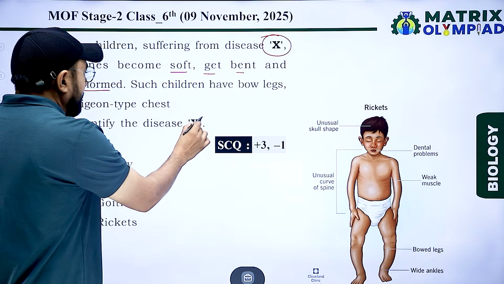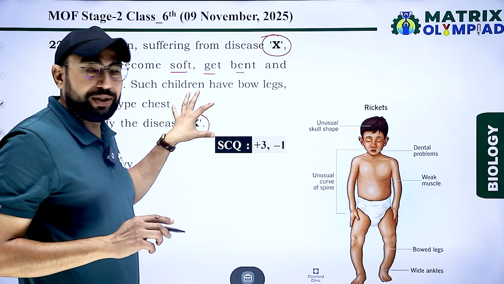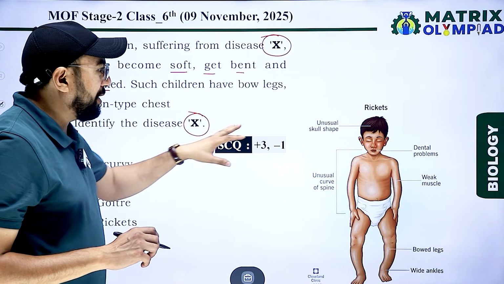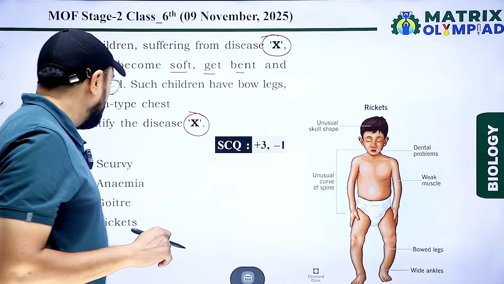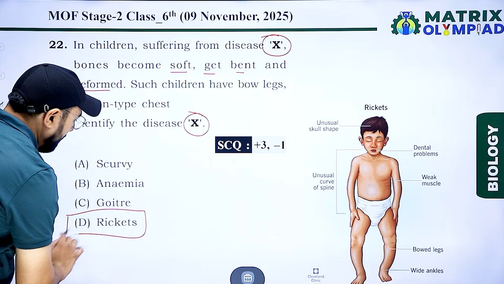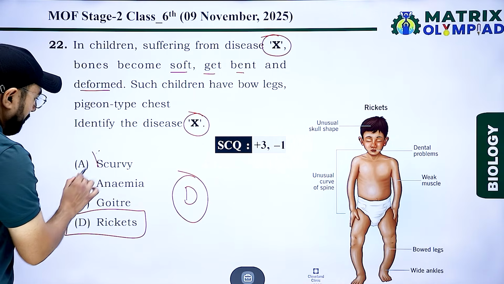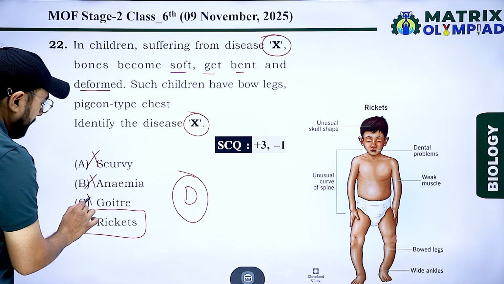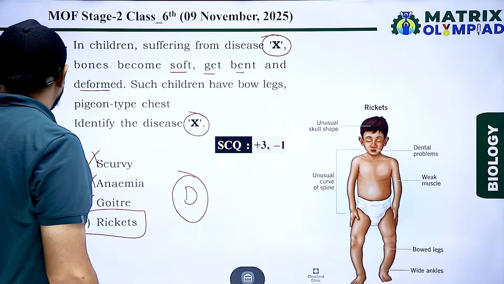Identify the disease X. According to this situation, disease X is rickets, which relates to bones. So according to the options, our right answer is option D. Scurvy is wrong, anemia is wrong, goiter is wrong. Rickets, option D, is right.